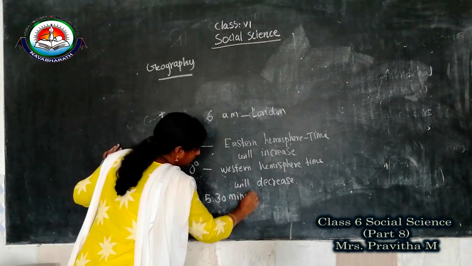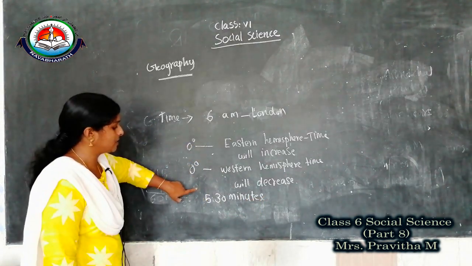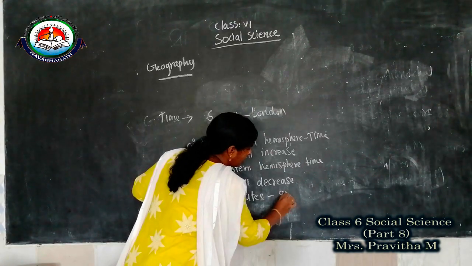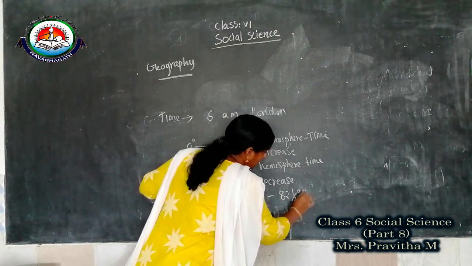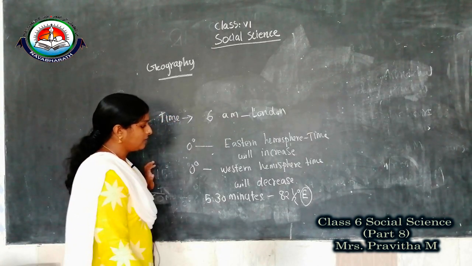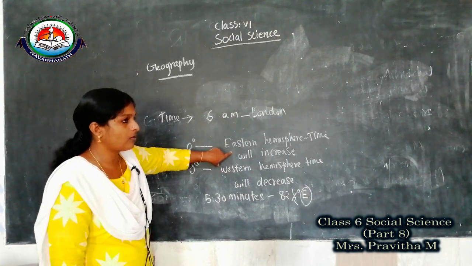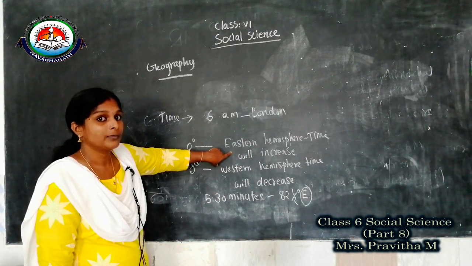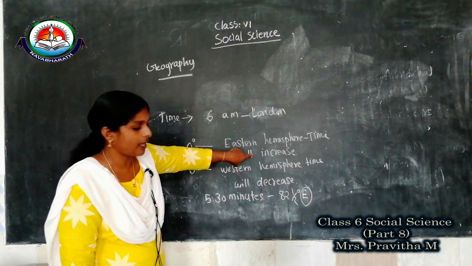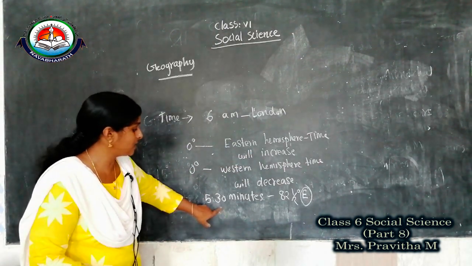So tell me, 6 a.m. Which is the standard meridian of India? 82.5 degree east. So we are in which hemisphere? Eastern hemisphere. We are going from the Greenwich line to the eastern hemisphere. What will happen to time? Time will increase.